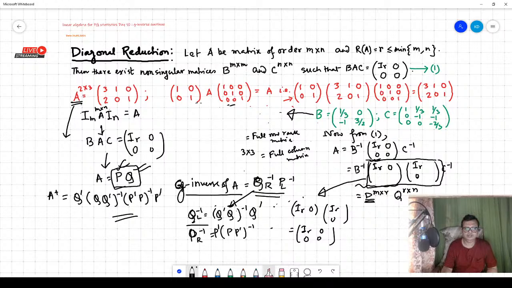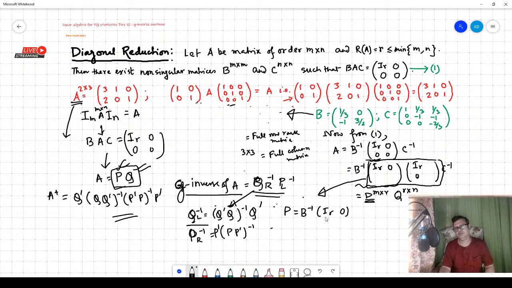Okay, then for this example, your P equal to B inverse I_R 0. So order of B is 2 cross 2. So I_R is I_2.